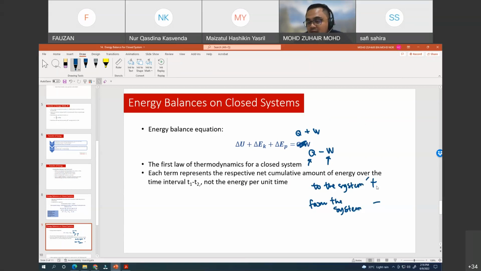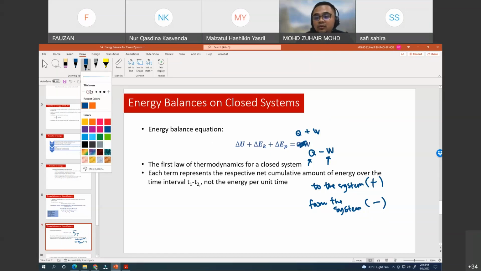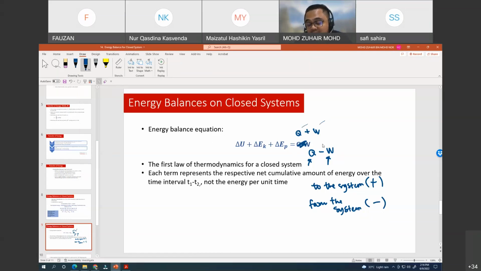So as long as you grab this, you can at least get the idea on whether this is positive or negative, because this is also going to affect the calculation if you fail to put the value correctly. Okay, but more or less this is the energy balance, the general formula that you need to remember whenever you do any question related to the energy balance.